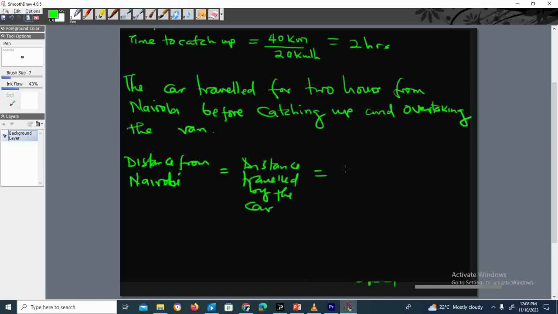And that is going to be given by the speed of the car multiplied by the time it took for the car to catch up with the van, which is going to be 200 kilometers. That becomes the distance of the overtaking point from Nairobi.